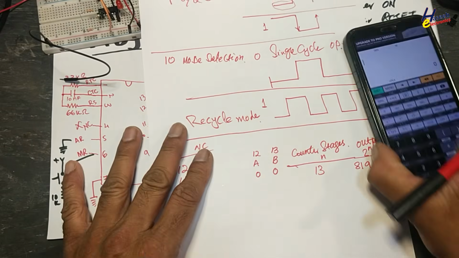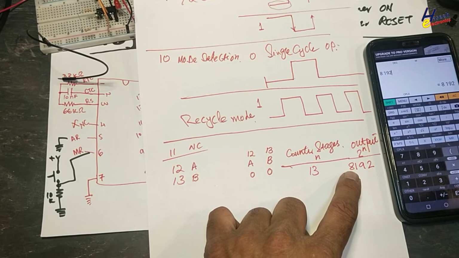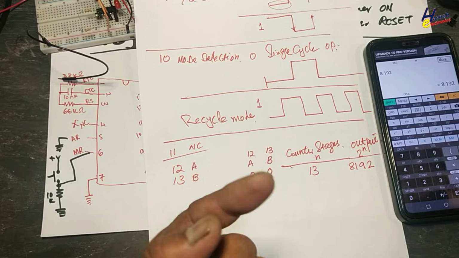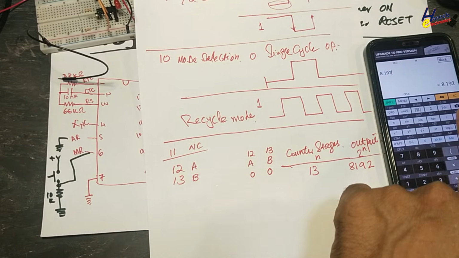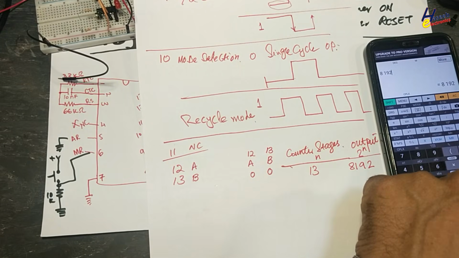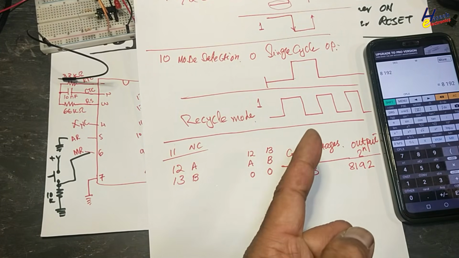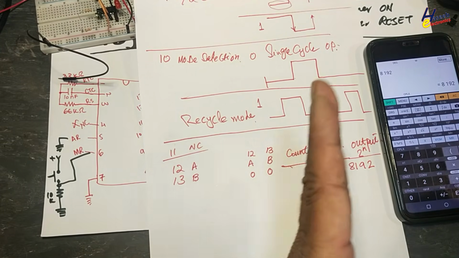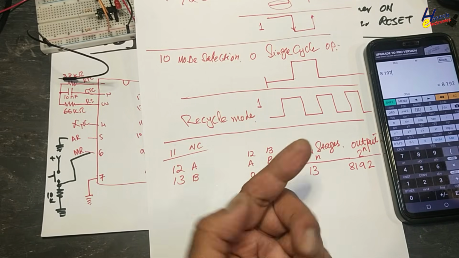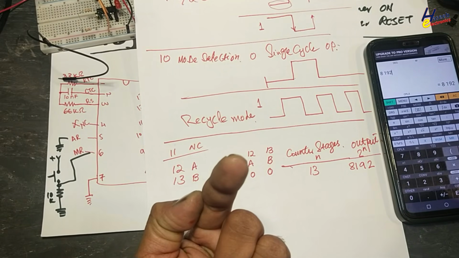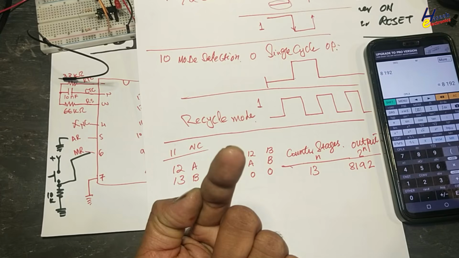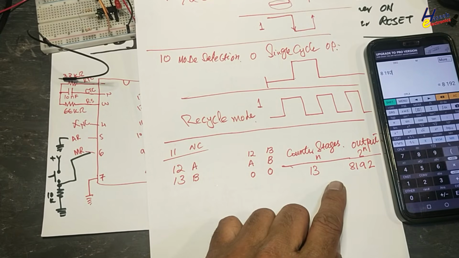Let's suppose 8192 pulses means 1 Hz frequency. That means after 8192 seconds, because 1 Hz means 1 cycle per second.